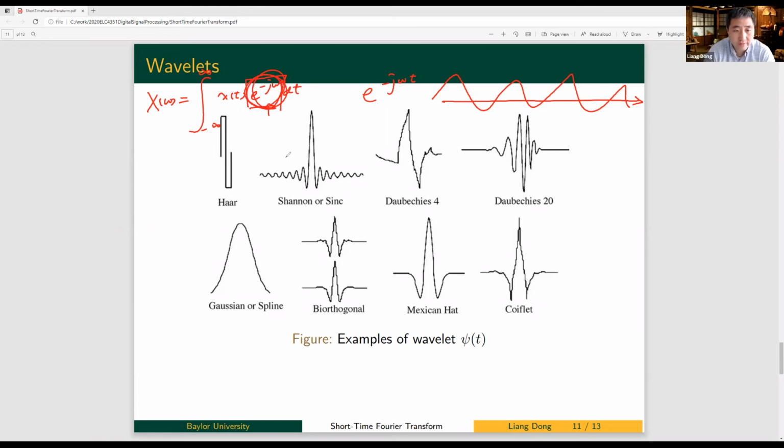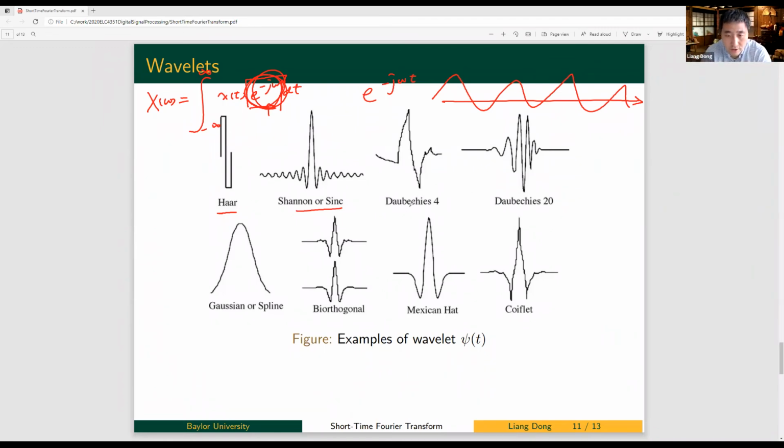And this short wave can be in this format. This short wave can have this shape. It's called a Haar wavelet. I only have those two rectangular functions, one positive, one negative. We have a Shannon wavelet, which is also a sinc wavelet. That is a sinc function, a truncated sinc function. You can take a short period.